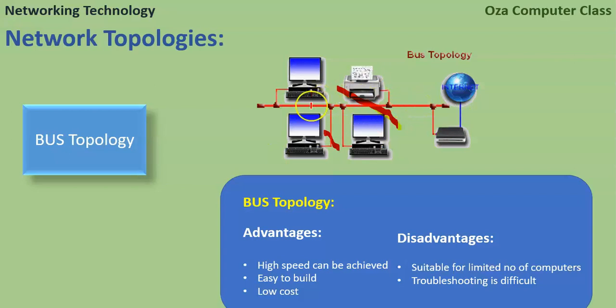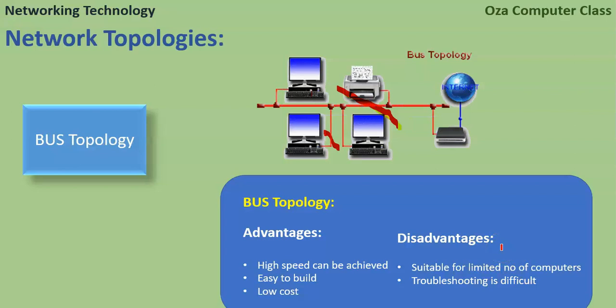So 48 times you will have to replace the cable and check whether there is a problem or not, because cable cuts are sometimes very minor. It's not visible directly. So this is the case with bus topology: though it is very simple, easy to build, and low cost, it is not suggested in some cases because troubleshooting becomes very difficult.